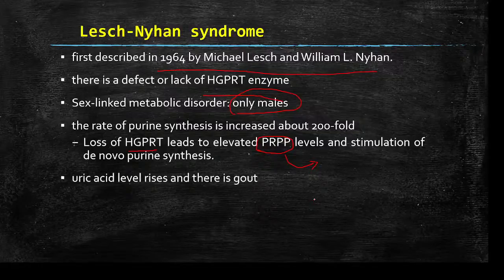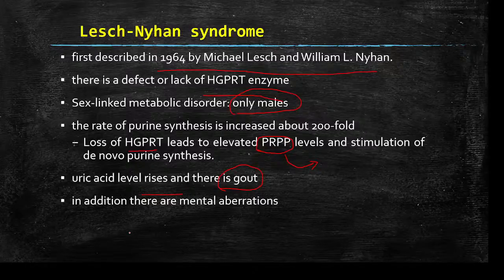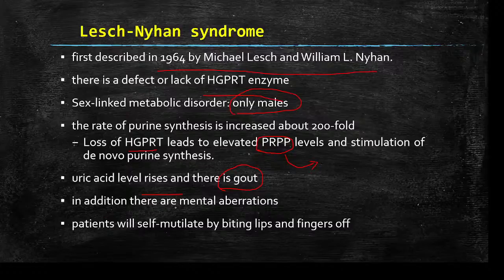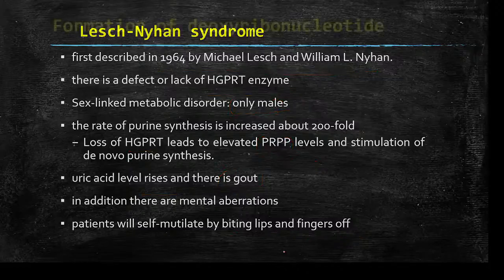Due to this, uric acid level rises, and this leads to the condition known as gout. In addition, there are mental aberrations, that is the patient will mutilate himself by biting lips and fingers. So he has a tendency to damage himself.